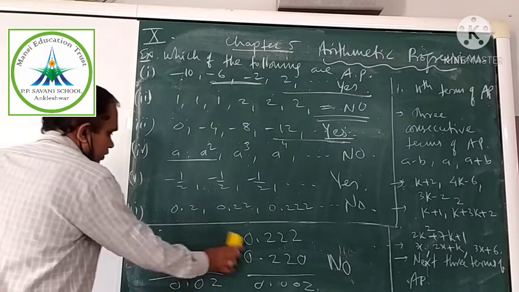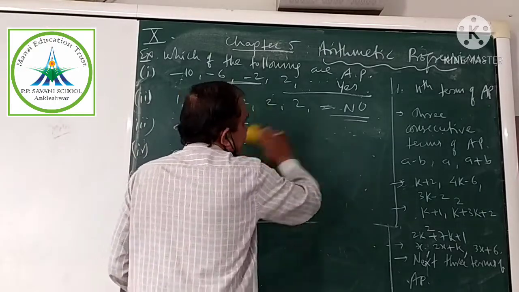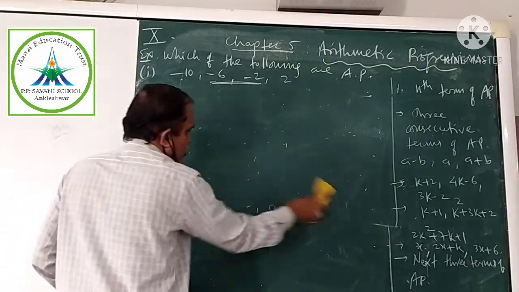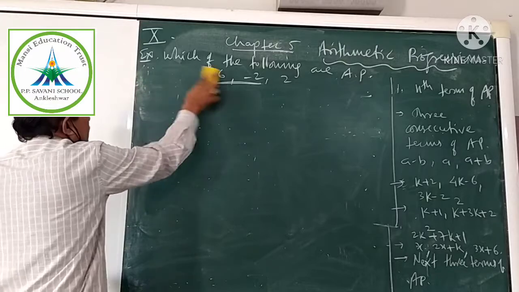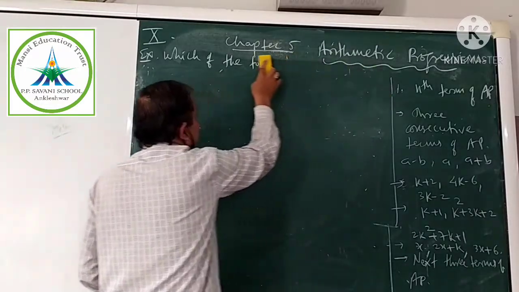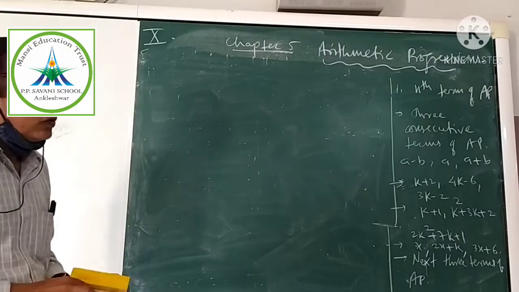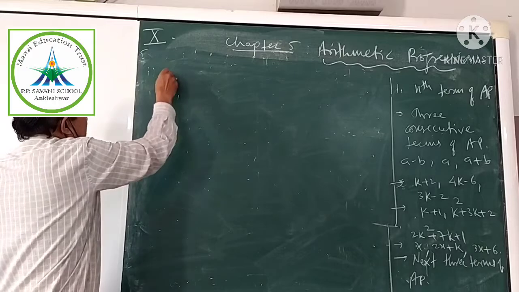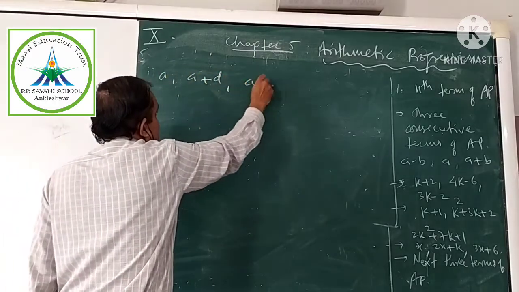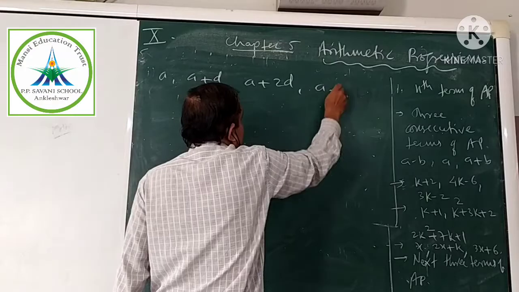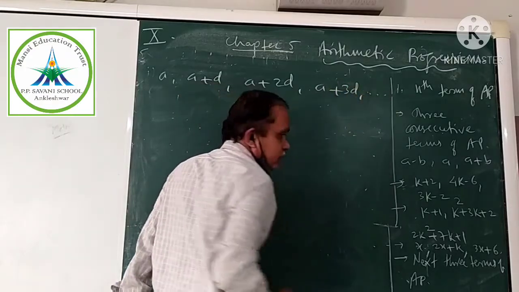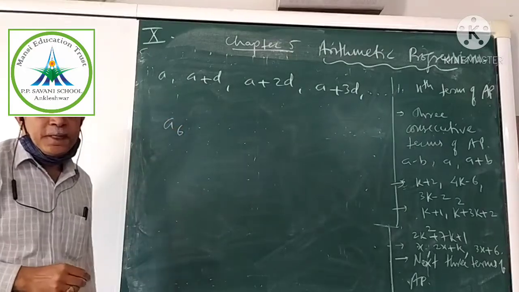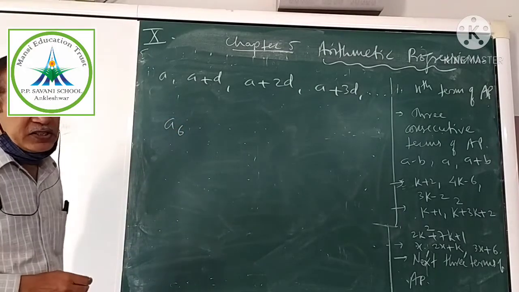Okay, fine. Now students, after learning whether it is an AP or not, if you are given the first term and the common difference, you can write the AP. That also we did in the previous video. Now children, look here. I told you the general form of an AP is A plus D, A plus 2D, A plus 3D. Now suppose I take the sixth term. What is the sixth term here?